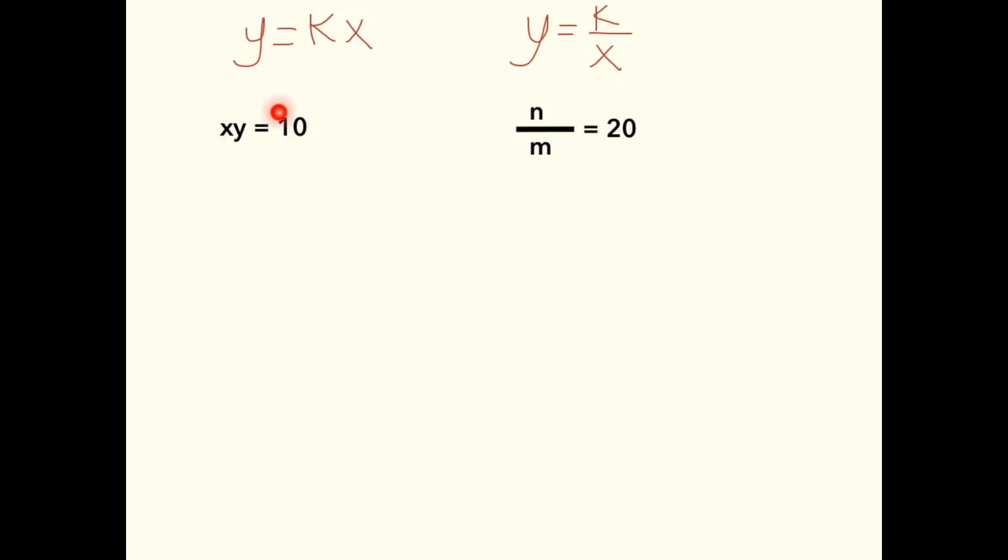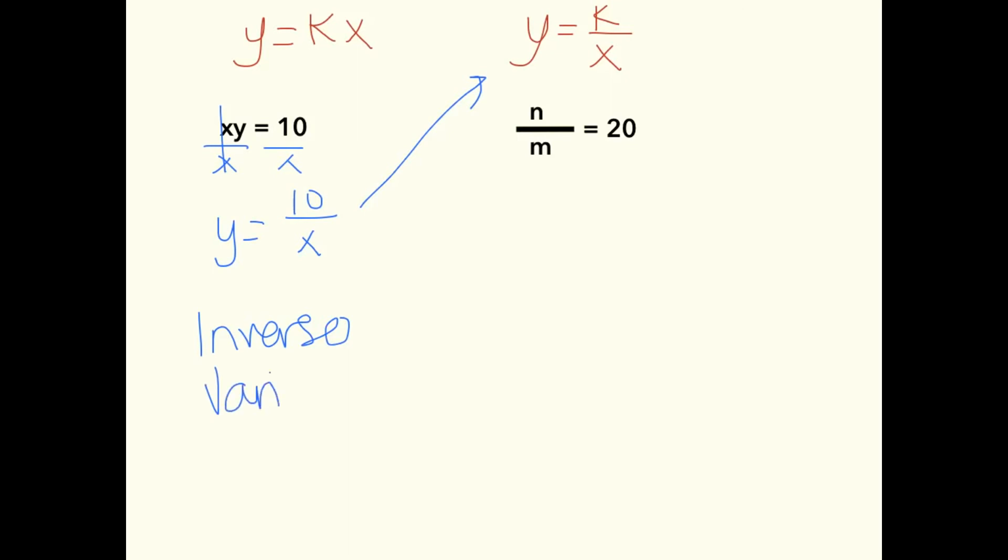So this isn't set up like a direct variation. If we were to divide each side by x, we would get y equals 10 divided by x. And you can see that's actually an inverse relationship, and your constant is 10.